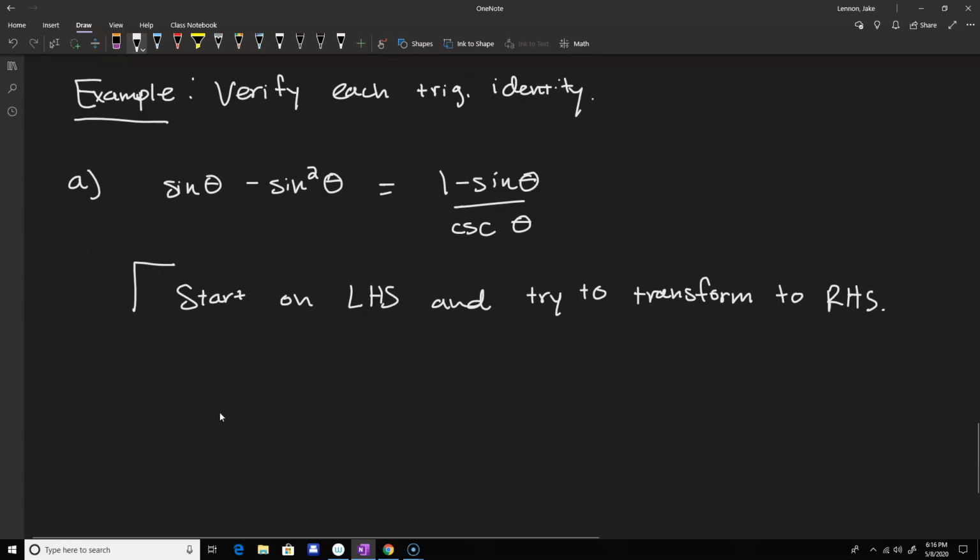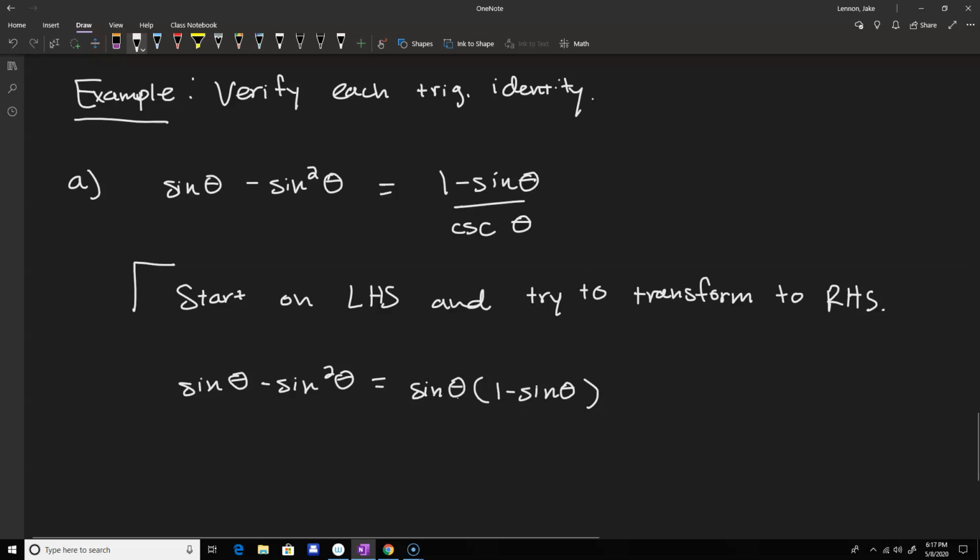Again, we can start with sine of theta minus sine squared of theta and just factor out the sine of theta. Then we'll have 1 minus the sine of theta. Now we notice in parentheses this 1 minus sine of theta matches the numerator of the right-hand side.